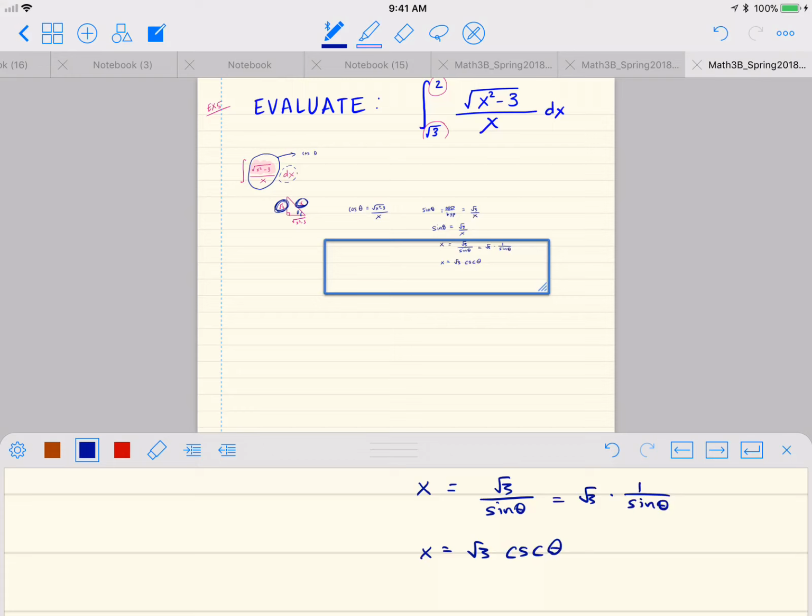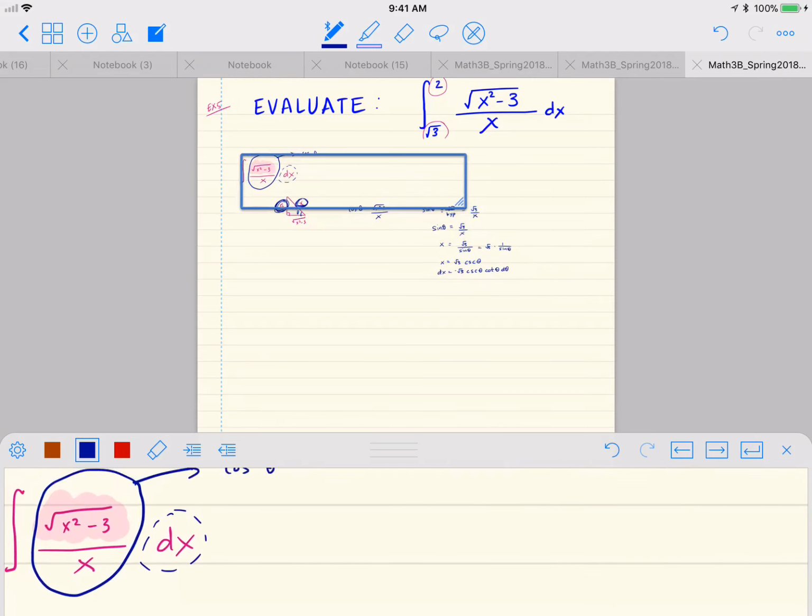Once I know x is equal to square root of 3 cosecant theta, dx is just going to be square root of 3 times the derivative of cosecant, which is negative cosecant cotangent. So the dx turns into negative root 3 cosecant theta, cotangent theta, d theta.